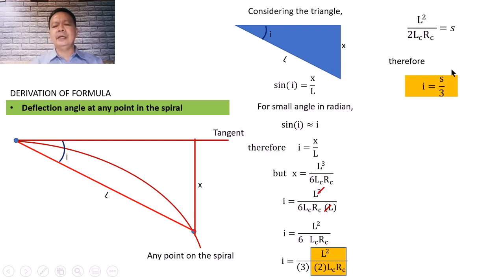Then from here, we can also solve for the deflection angle at SC, or the deflection angle at the point where the spiral meets the curvature.